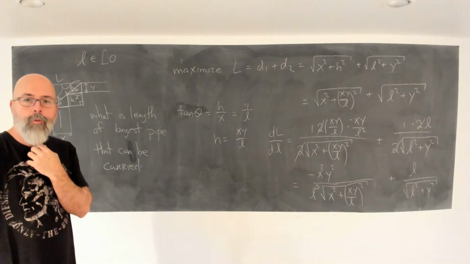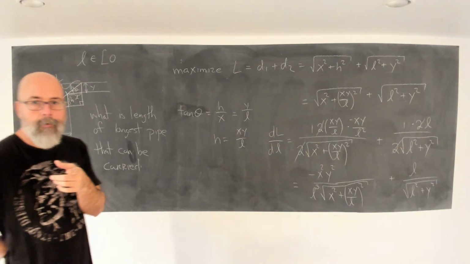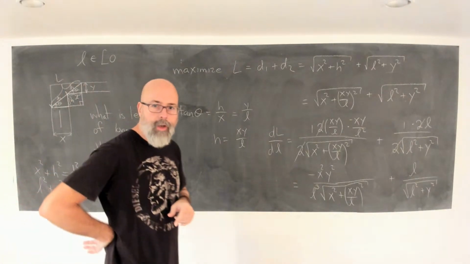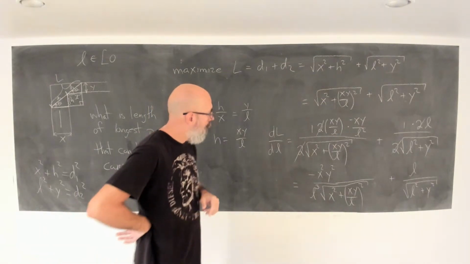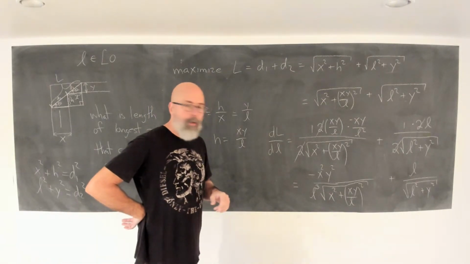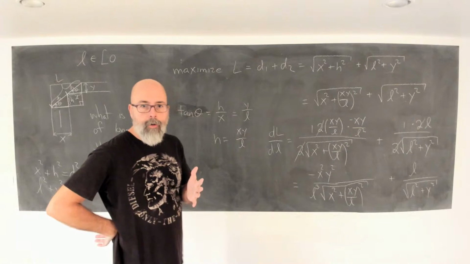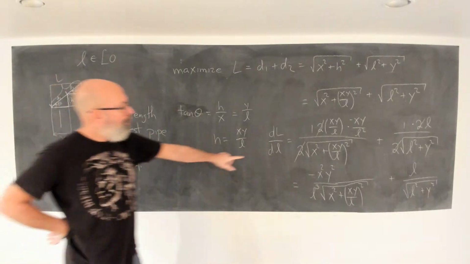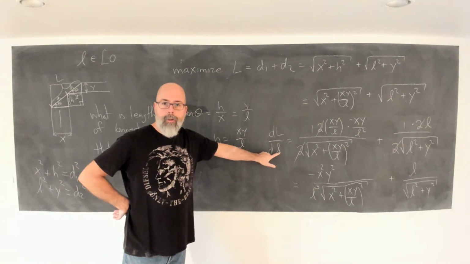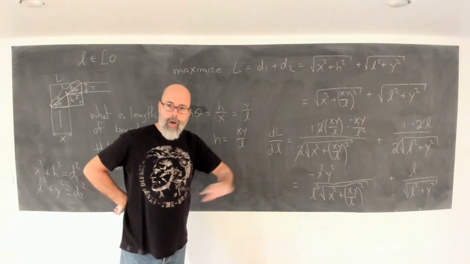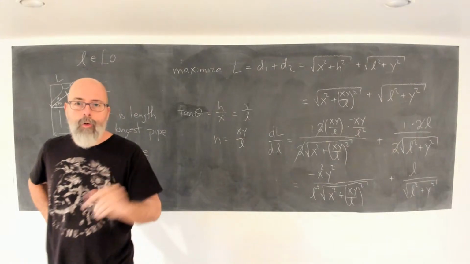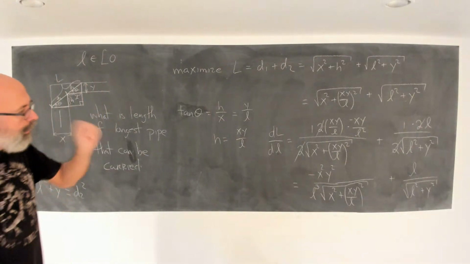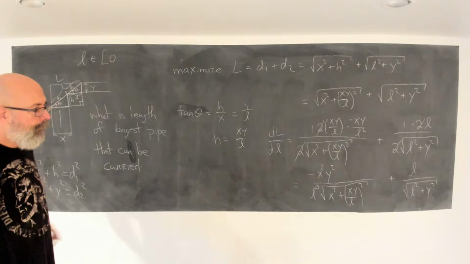What are we differentiating with respect to? Right, that's going to answer both Effie's and Rachel's questions. There's only one variable here. We are differentiating with respect to L. Not x, not y, only L. L is the only variable here.